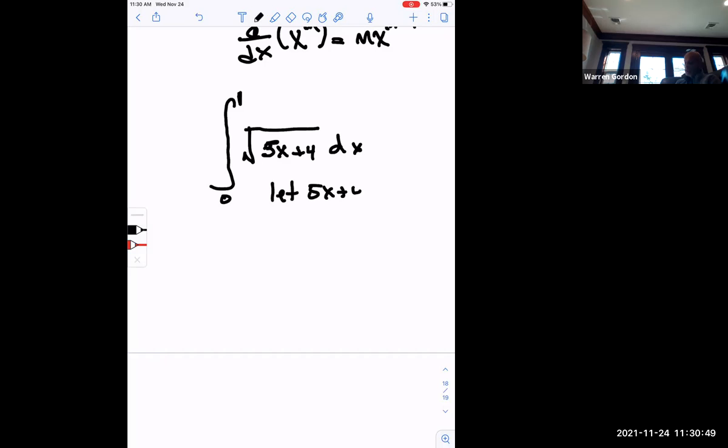5x plus 4 equal to u. du is equal to 5 times dx. This becomes u to the 1/2. dx becomes du over 5. And the limits change: when x is 0, u is 4. When x is 1, u is 9.